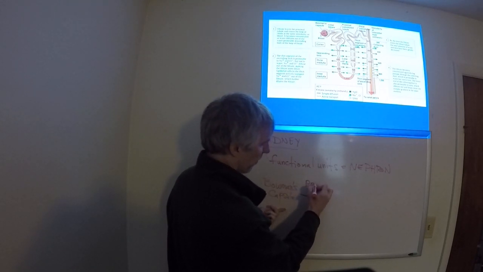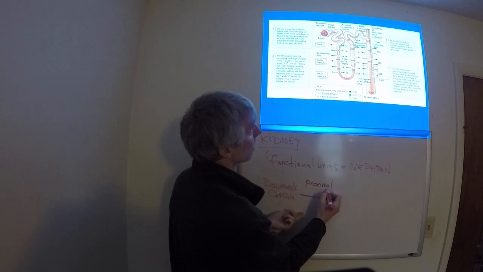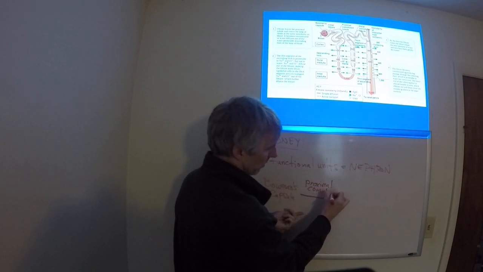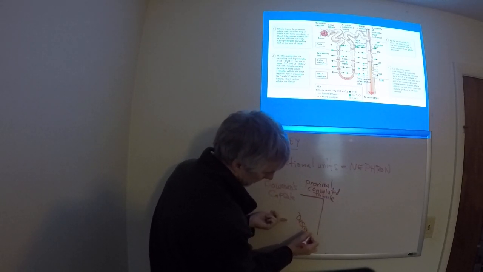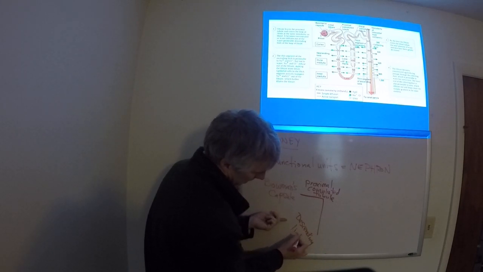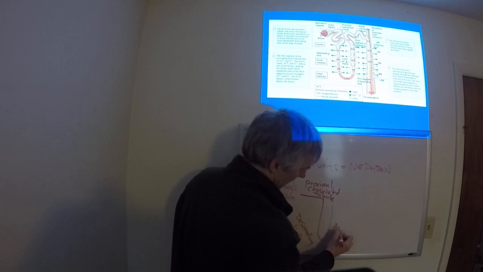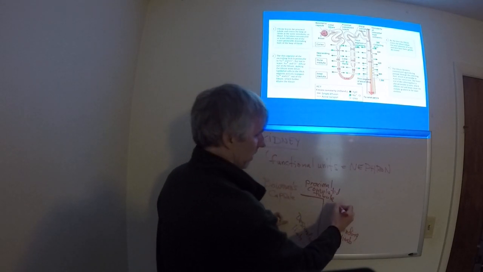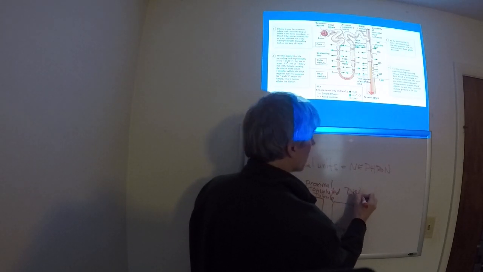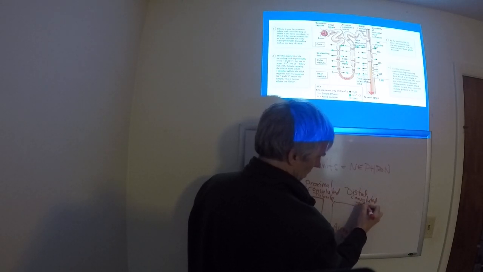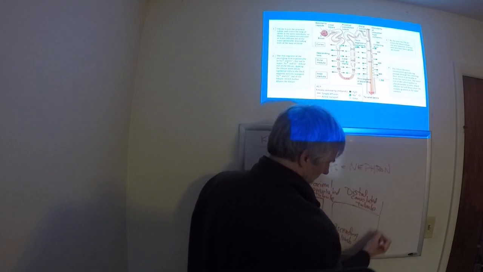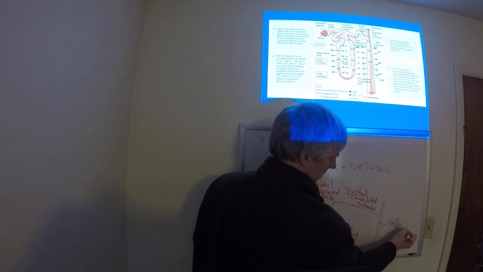And then we have this proximal convoluted tubule, followed by the descending limb, followed by the ascending limb, and then here, the distal convoluted tubule, and then that goes into a collecting duct.